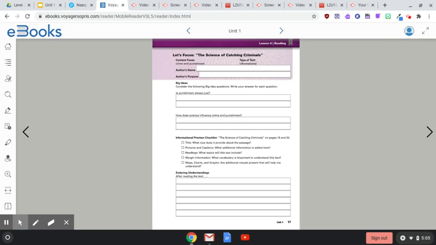You have learned that there are different types of text or reading selections. Holes belongs to a category called literature. Say literature. Literature consists of stories, poems, dramas, and creatively written prose. Holes is fiction or not real. The text we will read today, The Science of Catching Criminals, is nonfiction or not fiction.